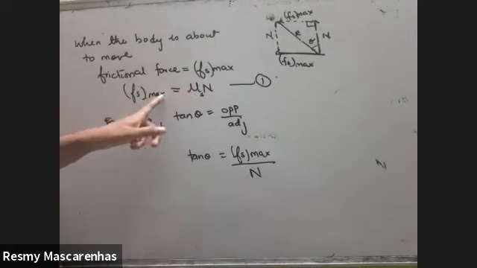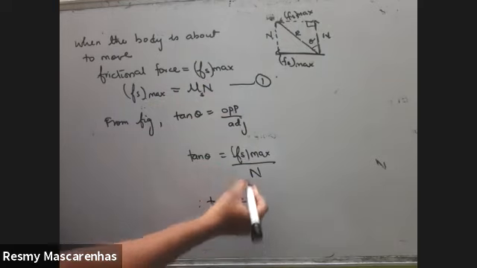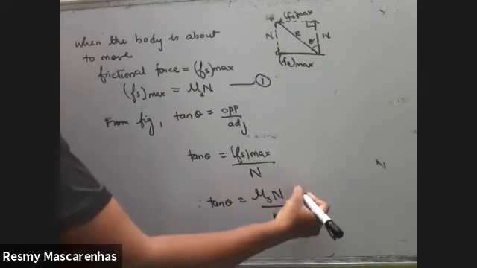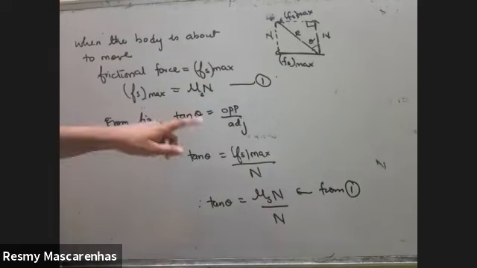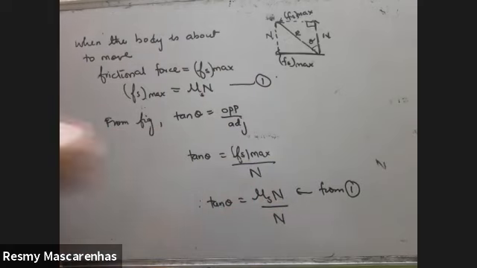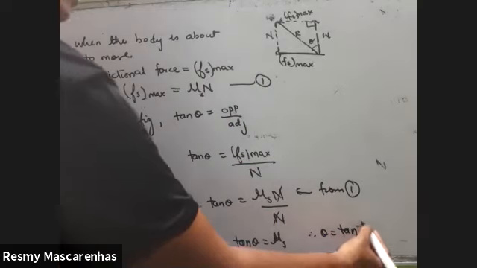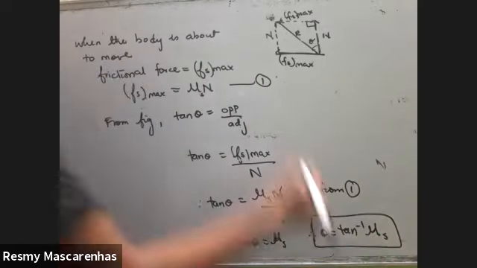Now put this value of F of s max here, mu s. From where did we get this? From equation 1. The value of F of s max is nothing but mu s into n. N and n will cancel. What will we get? Tan theta is mu s. So theta will be tan inverse of mu. So this is the angle of friction.